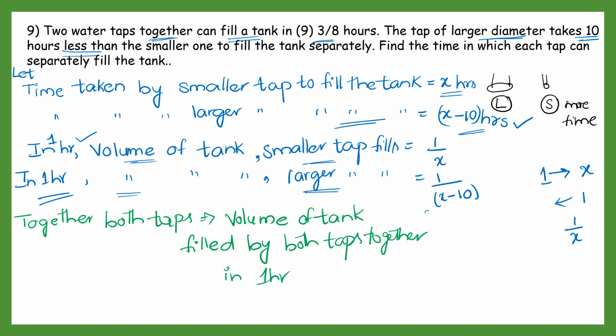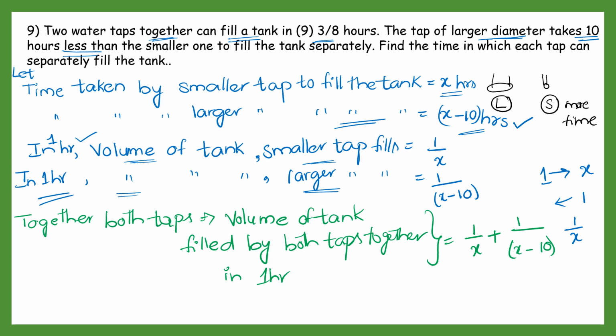The smaller tap can fill 1 by x volume of the tank and the larger tap 1 by x minus 10. So, together they can fill 1 by x plus 1 by x minus 10.